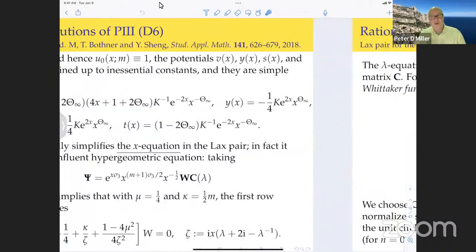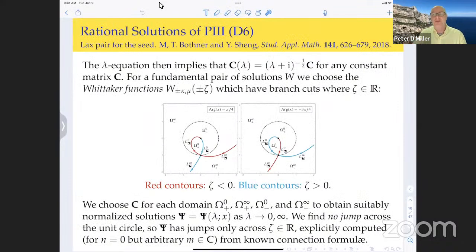Okay, so then you take this formula with the hypergeometric functions, you put it back into the lambda equation, and then you find out that this factor C of lambda has to be a scalar, lambda plus I to the negative 1/2, times an absolute constant matrix C. Okay.